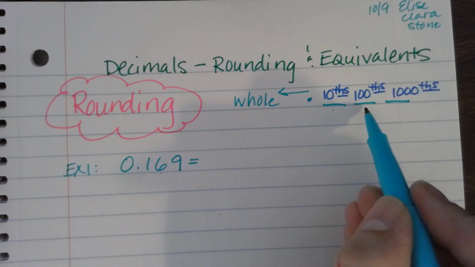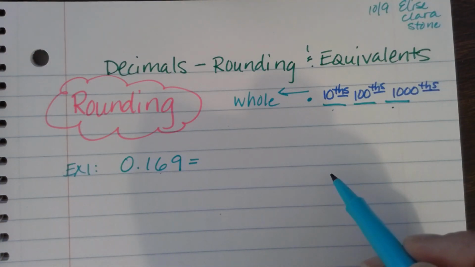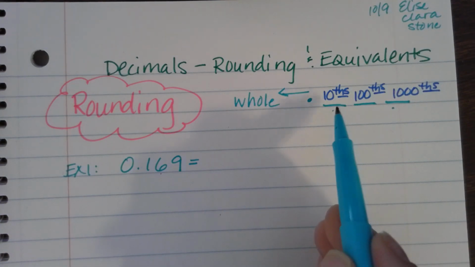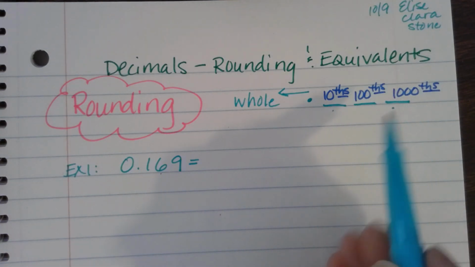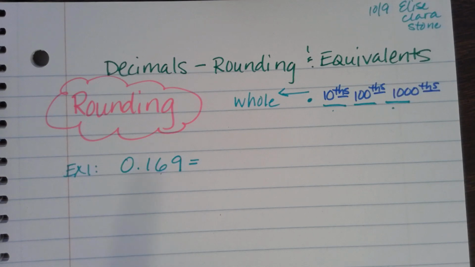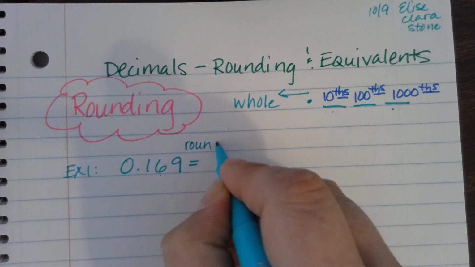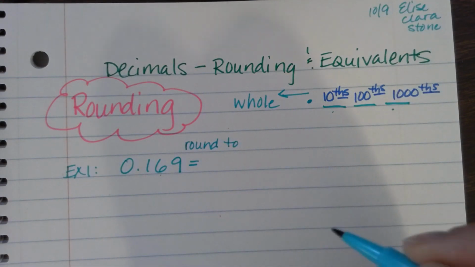So I wrote them up here to remind myself of them. So instead of, like we did in the past, saying, okay, round this number to the nearest tens place or thousands place, now I'm also going to include the tenths, hundredths, and thousandths places. So for this one, I'm going to say round to the nearest, right?